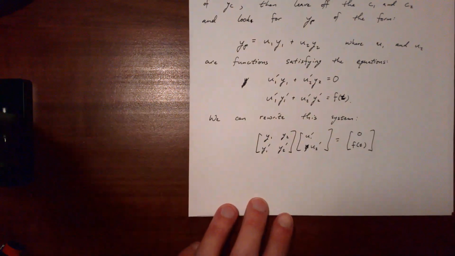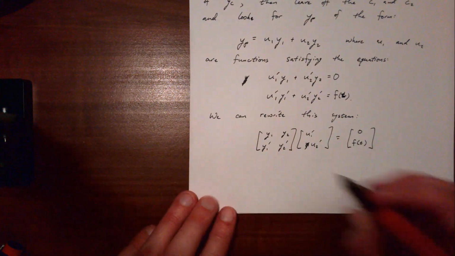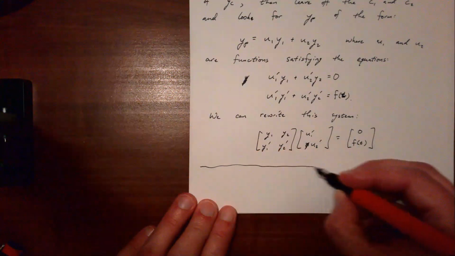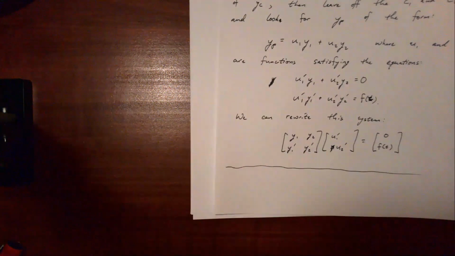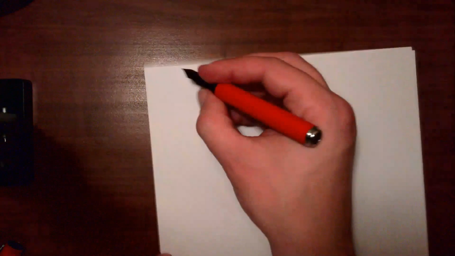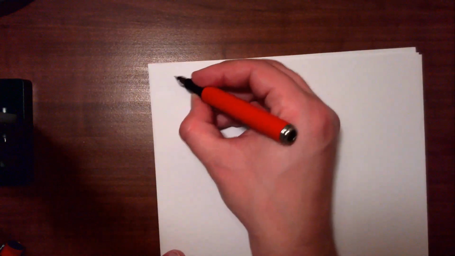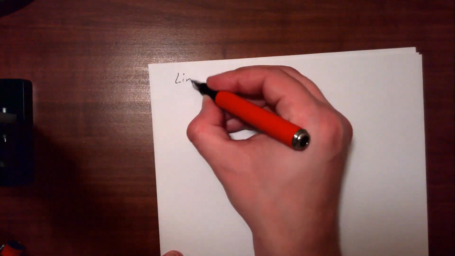Now, I want to remind you of a cool little fact from linear algebra, and that is what is called Cramer's rule. It's a cool little formula for solving especially 2x2 systems, so this is a linear algebra throwback.